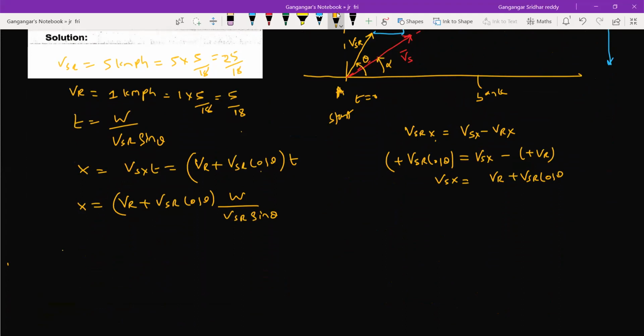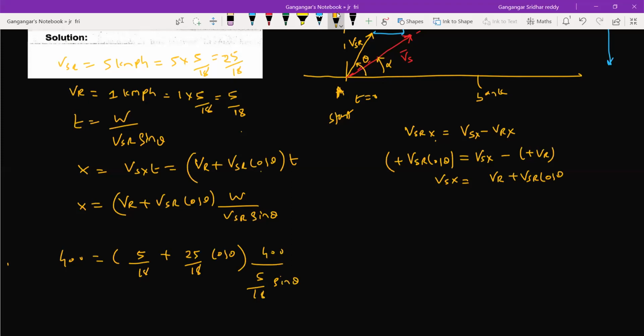Value of x is 400, equal to VR 5 by 18, plus VSR 25 by 18 cos theta, times 400 divided by VSR, 5 by 18, sin theta.